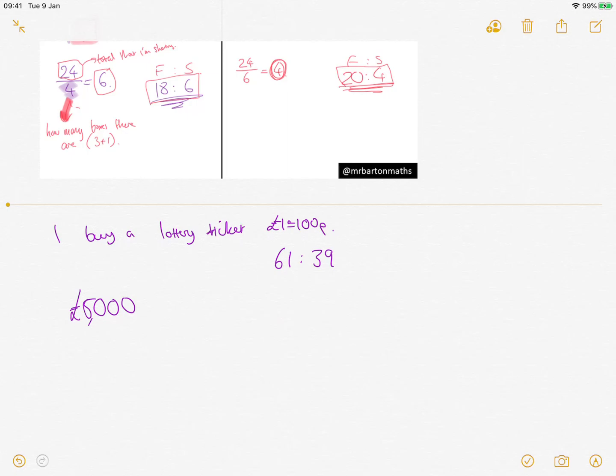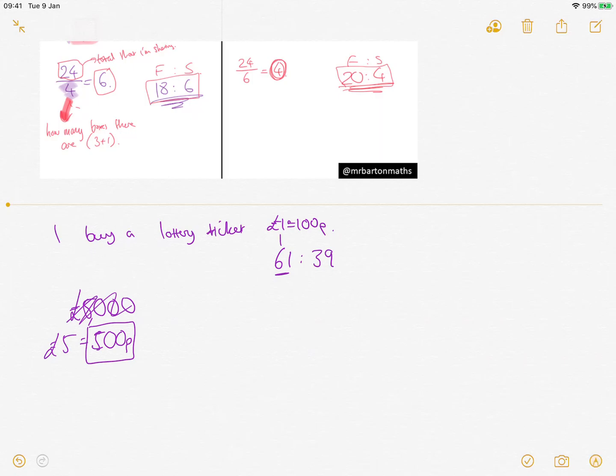We can still do it with £5,000, even though we're dealing with pennies here. It's still the same. Or no, let's just say I win a fiver. We'll call it 500p. So I need to share out my winnings, but I can't just go, all right, you have £2.50 and I'll have £2.50, because that's not fair, because I keep on putting in more money.